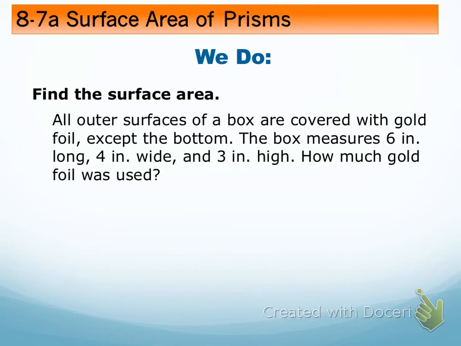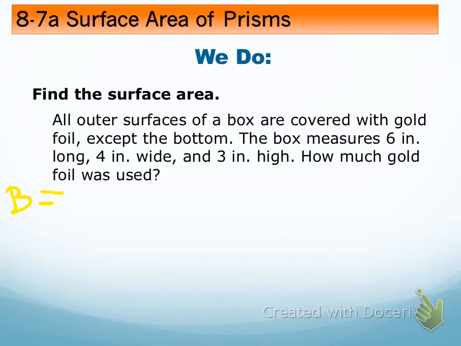Well, first off, let's find the surface area, because remember, surface area is the area that covers something. So let's find the surface area of this box. So to find the area of the base, this time is going to be a rectangle.